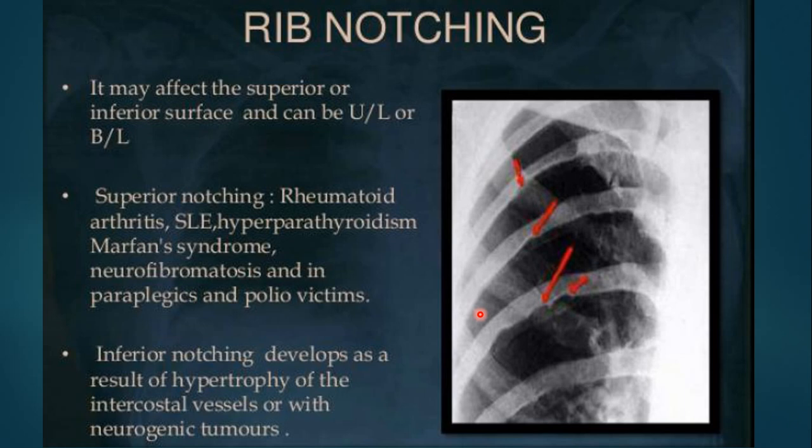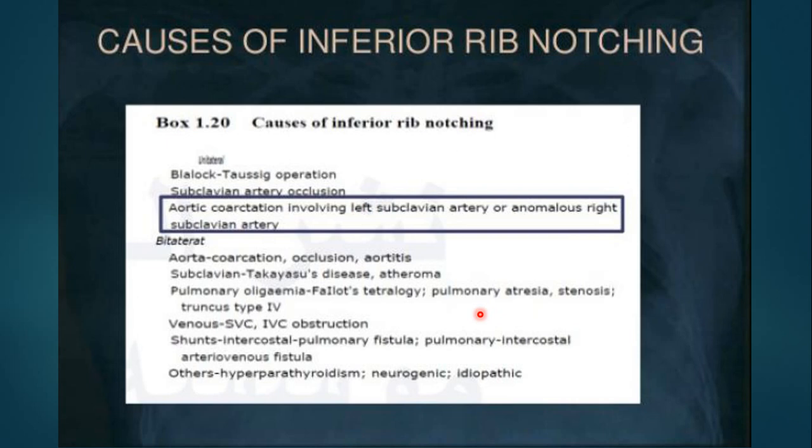If the coarctation is after the ductus arteriosus, then we will have an inferior rib notching. But if it is pre-ductal, it is unlikely to cause rib notching.